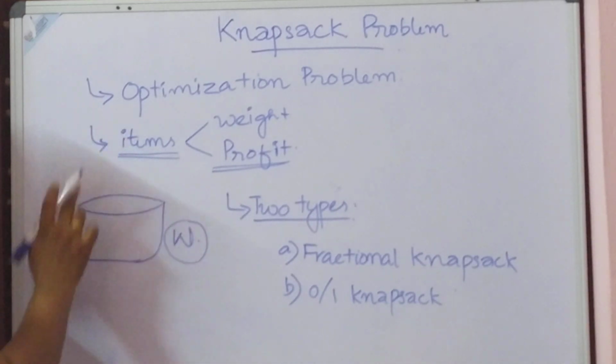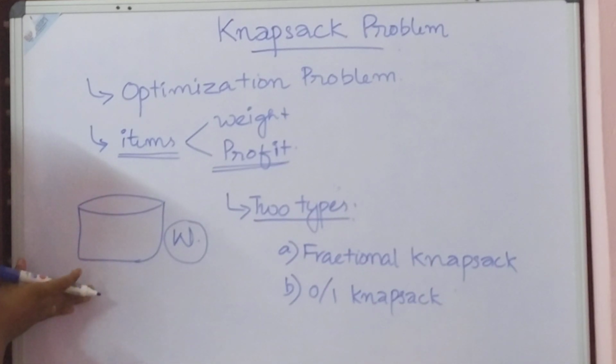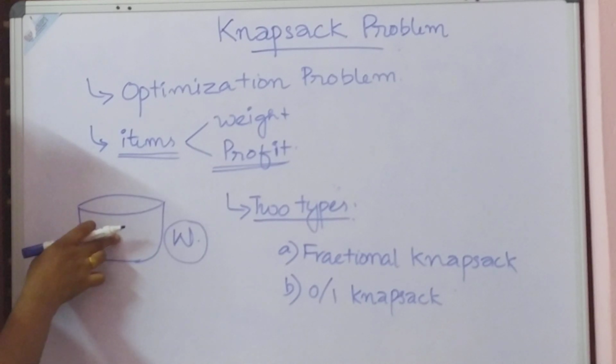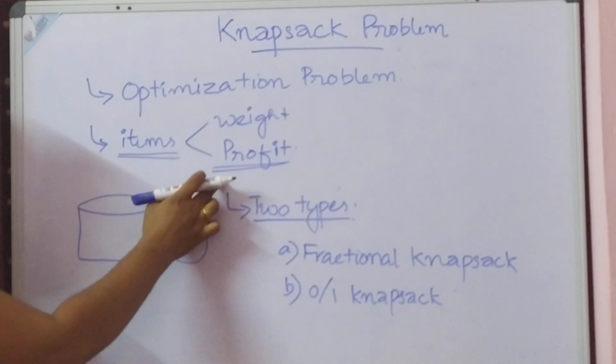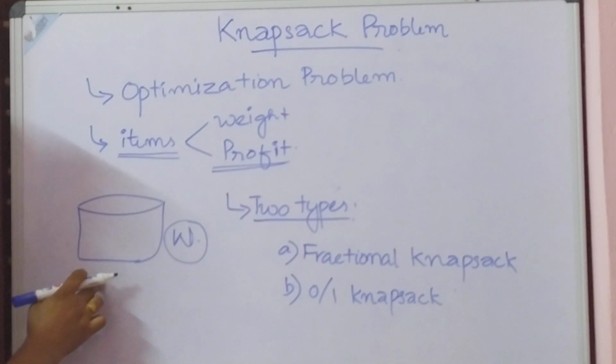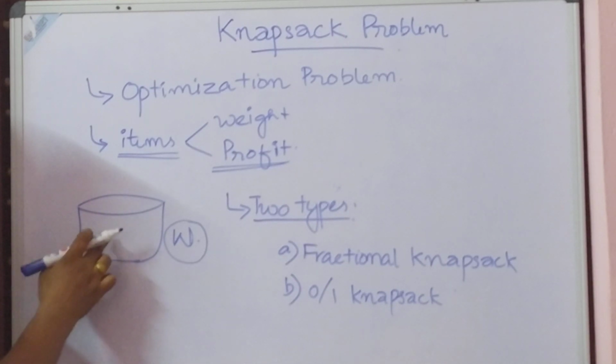So, the knapsack problem states that we can fill items into this bag to maximize the profit, subject to a constraint that the weight of the selected items should be less than or equal to the total weight of the knapsack.